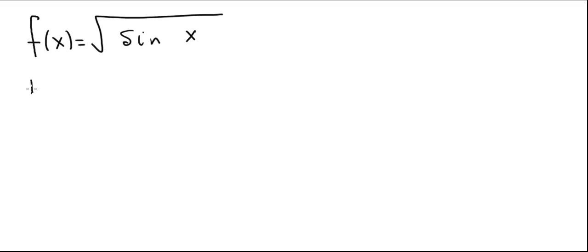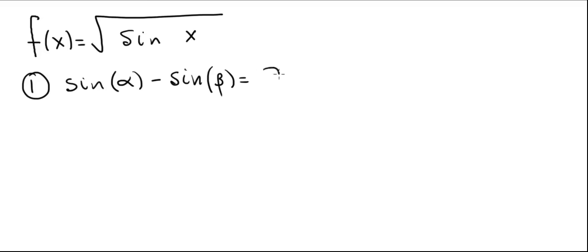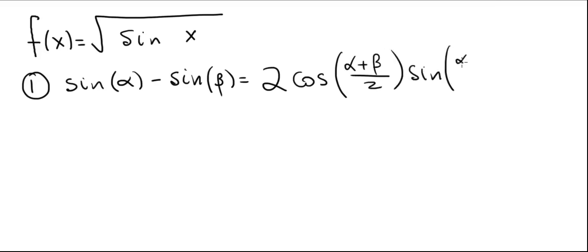We're going to use the definition of the derivative to differentiate f of x equal to the square root of sine of x. Now to do it, we're going to need the following two results. The first one is the trig identity: sine of alpha minus sine of beta is equal to 2 times cosine of (alpha plus beta) over 2 times sine of (alpha minus beta) over 2.